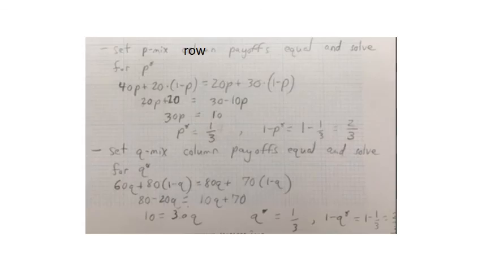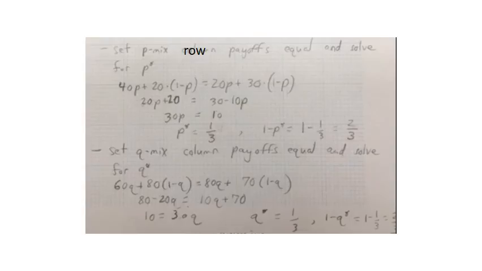So if we set the P-mix row payoffs equal and solve for P star, we get that P star equals 1/3, and so 1 minus P star equals 2/3. If we set the Q-mix column payoffs equal and solve for Q star, we get symmetrically that Q star equals 1/3 and 1 minus Q star is 2/3.